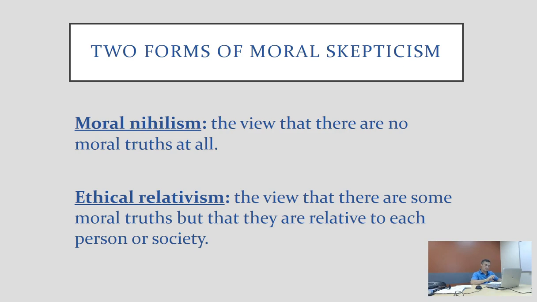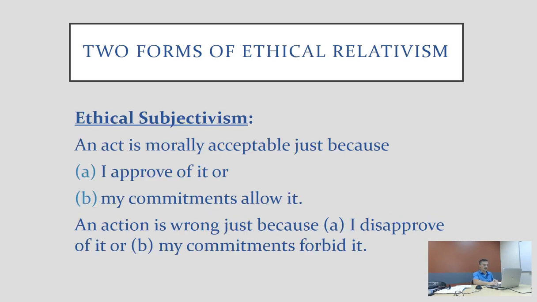That position, ethical relativism, is further broken down into two other forms. So we're going to set moral nihilism aside, and we will be talking about that more in Chapter 20. We'll hit the pause button on moral nihilism. We're going to move into ethical relativism now and dig into that, since that is our chapter.